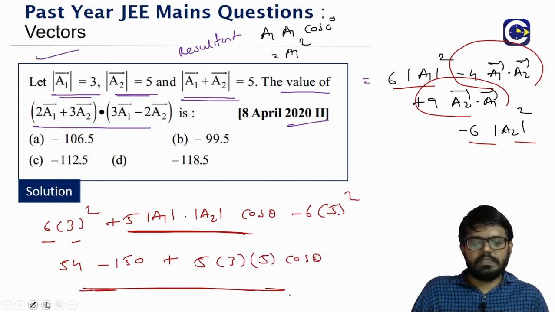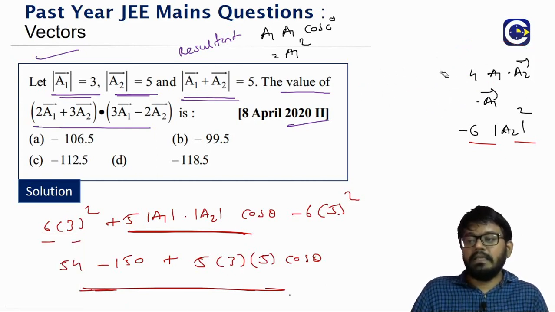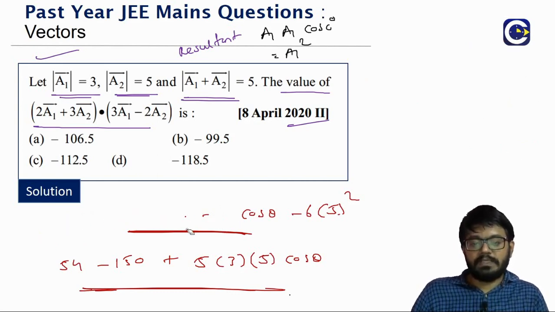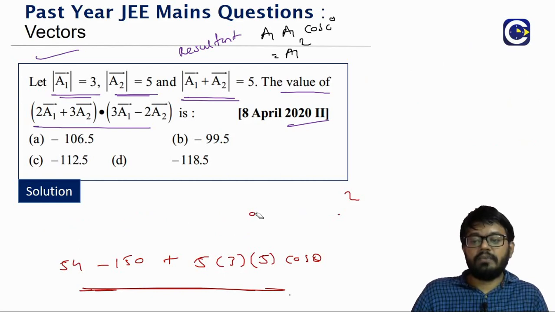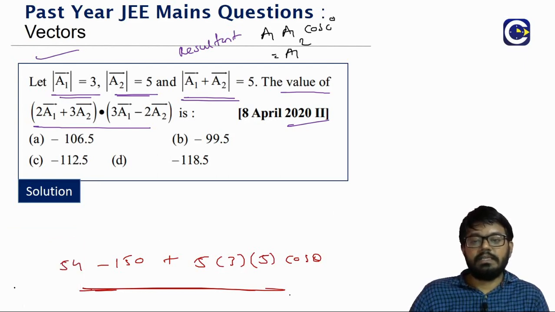This is where we get stuck, because they are asking for the value of that expression, and we are stuck on cos theta, where theta is the angle between a1 and a2. To find the value of the expression, we should know the value of cos theta. How can we get it?